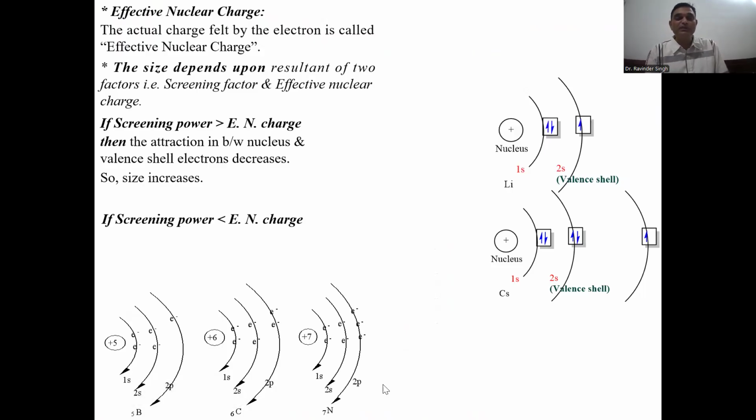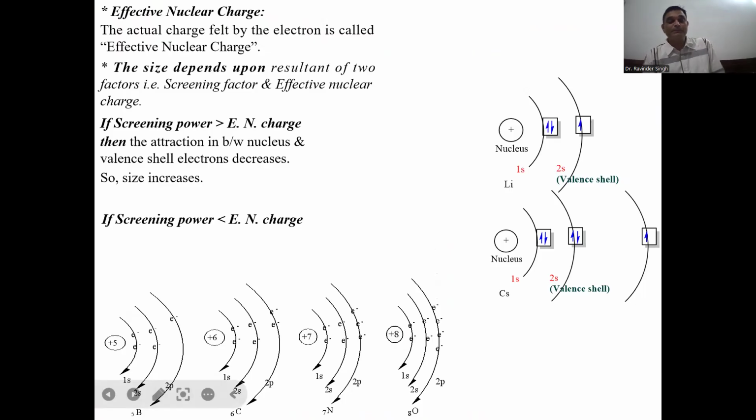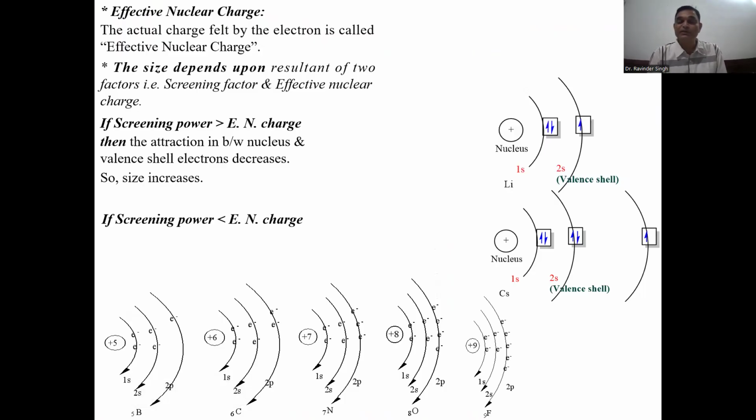On moving further, from boron to carbon to nitrogen, the electron enters the same 2p subshell, so the number of intervening shells remains the same. From atomic number 5 to 6 to 7 to 8, that is oxygen, the electron again enters the same 2p subshell. The same is the case with fluorine, where the last electron enters the 2p subshell.